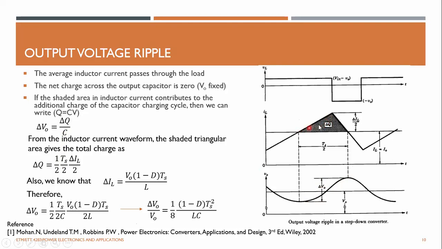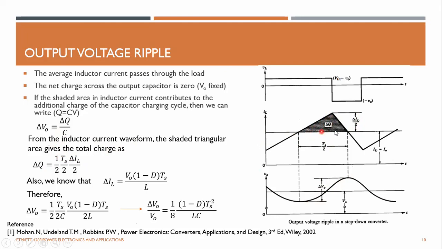So this area under the inductor current, we know this is delta IL divided by 2, and this time period is half of the periodic time. So we can calculate the stored charge using this equation. Q is simply this area, the area of the triangle.